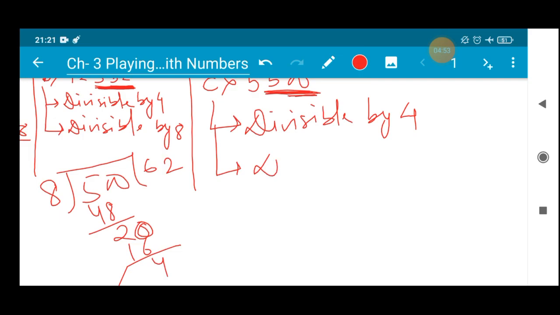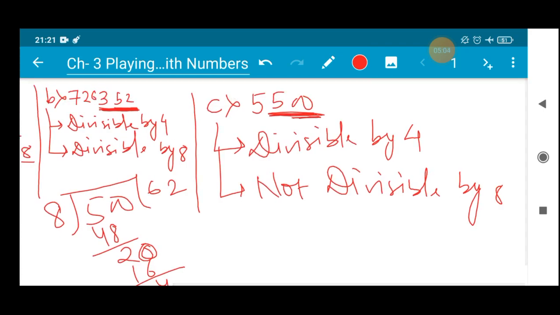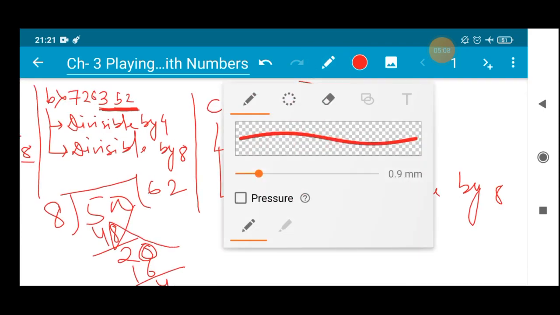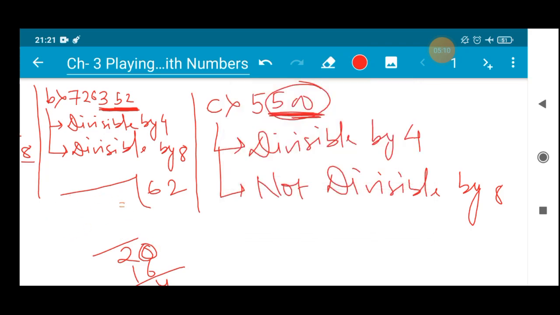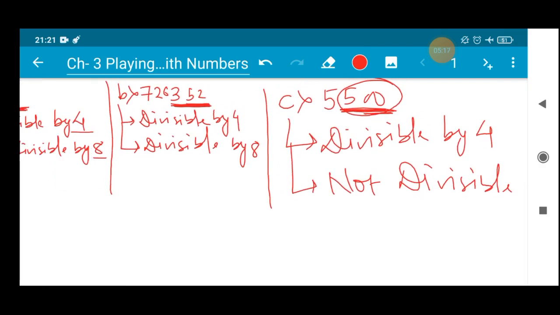You can write here that it is not divisible by 8, isn't it? Why is it not divisible? Because the last 3 digits, that is 500, are not divisible by 8. So the whole number, 5500, will not be able to divide by 8. Okay, so this is how we solved it.